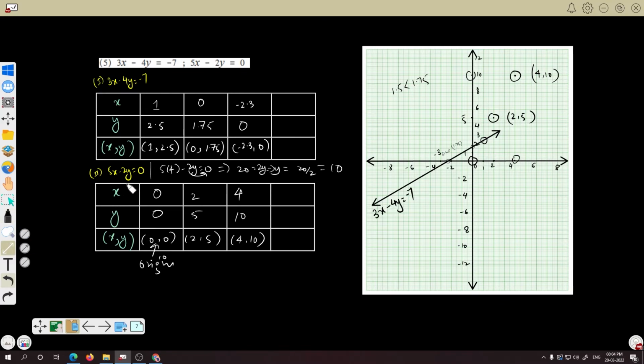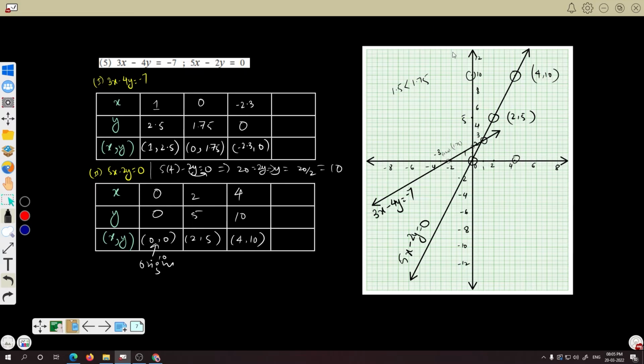Now to plot the graph, I'll join all the points using this tool. I'll join all the points like this. Let me extend this. Make sure that the points lie on the same line. Now this line represents the second equation. I'll write the equation: 5x minus 2y is equal to 0.